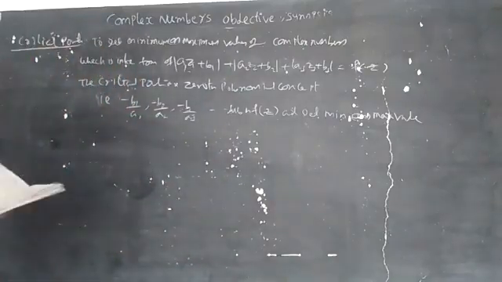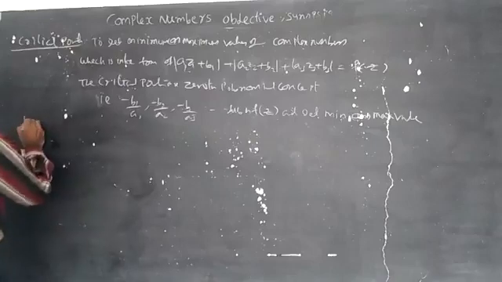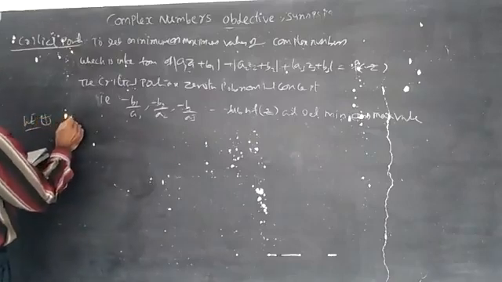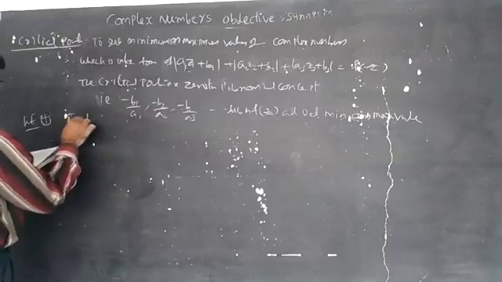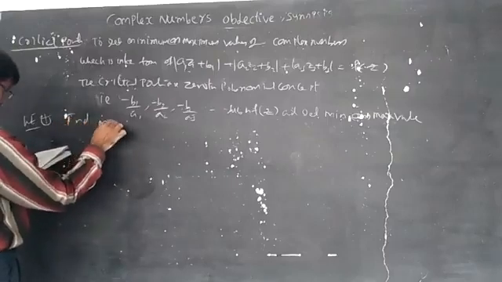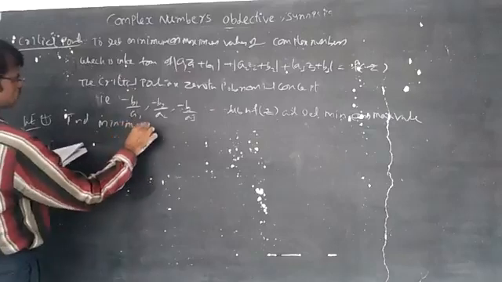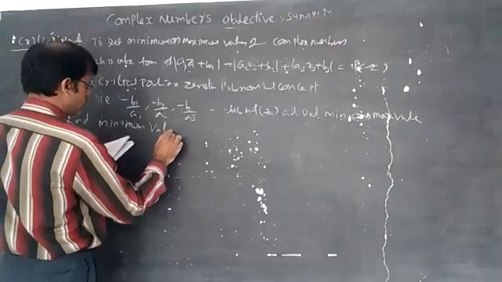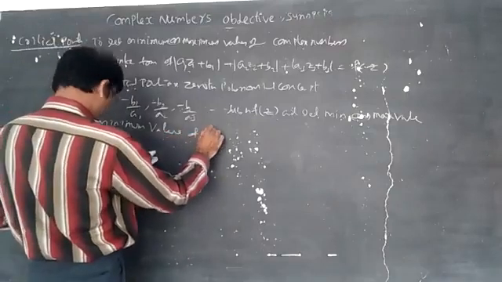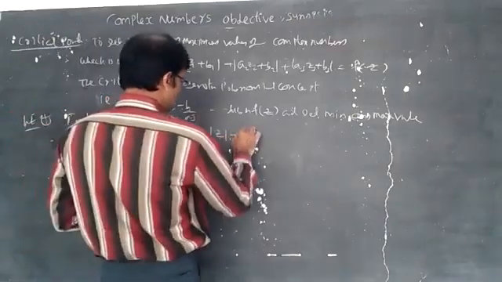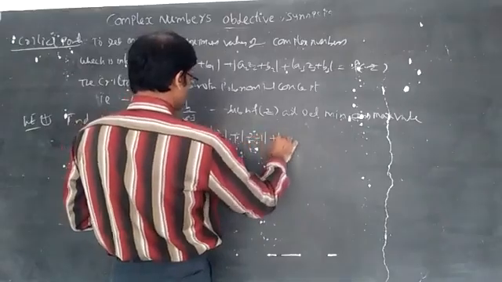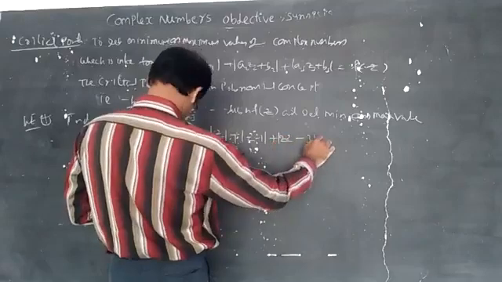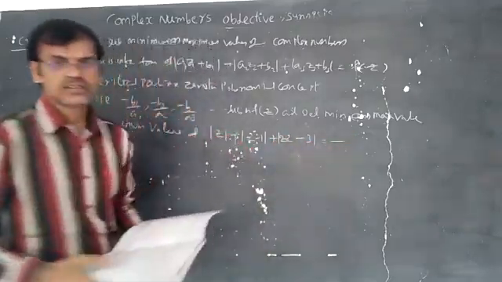So now let us do worked example 4. Find, if z is a complex number, the minimum value of modulus z plus modulus z minus 1 plus 2 modulus of 2z minus 3 equal to dash.